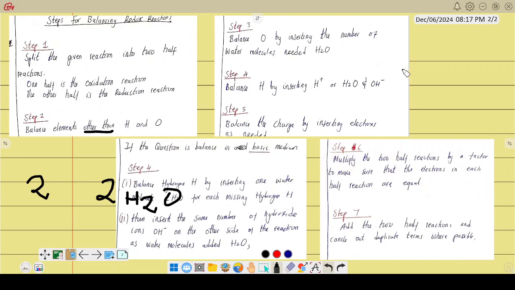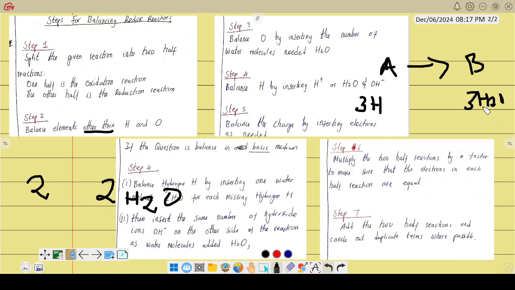Yeah, so let's give a very simple example. If on the left hand side we have maybe 3 hydrogen, it means on the right hand side, to balance this, we're going to put 3 water molecules.